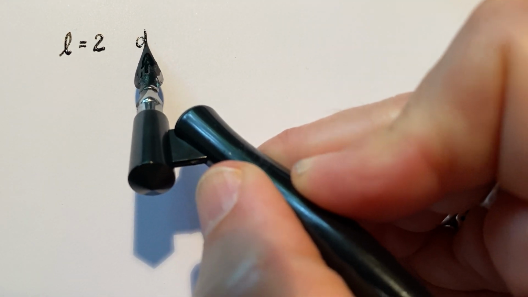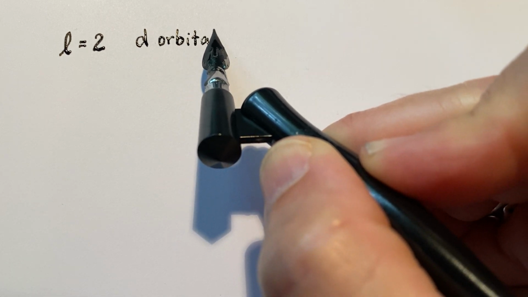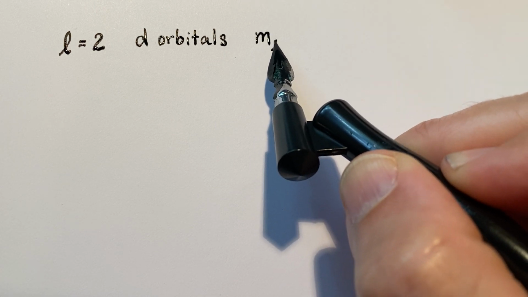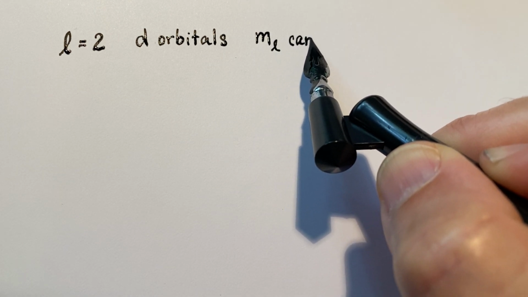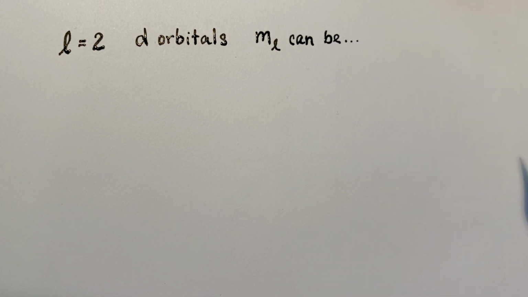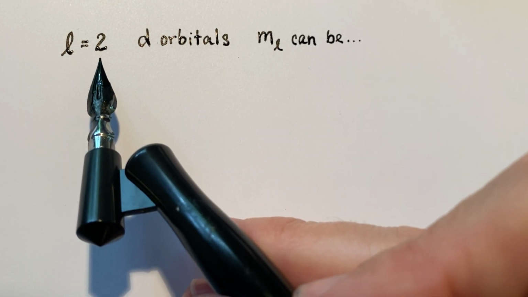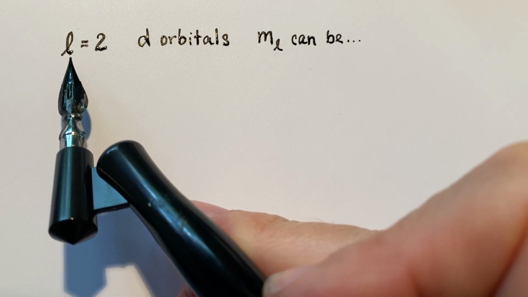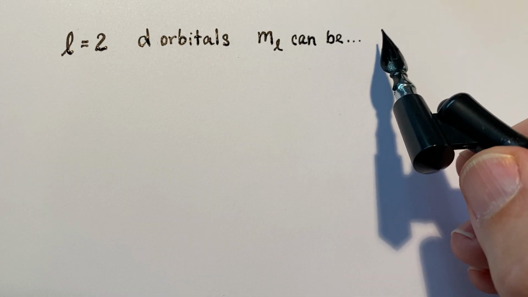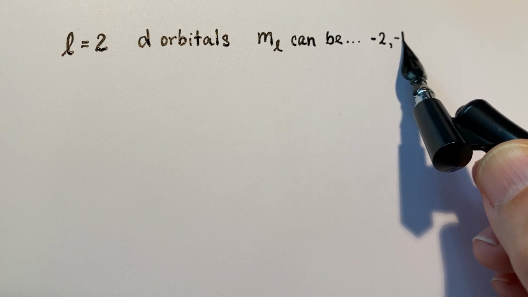All right, so for d orbitals, let's think about the possible values of m sub l. We always hearken back to the value of l. It's 2. So that means possible values of m sub l: minus 2, minus 1, 0, 1, 2.